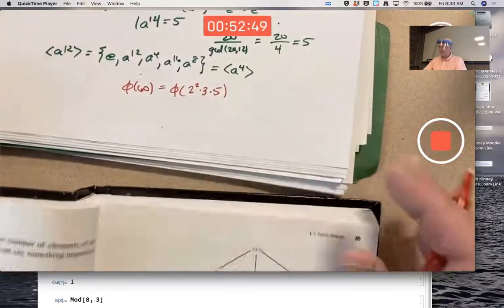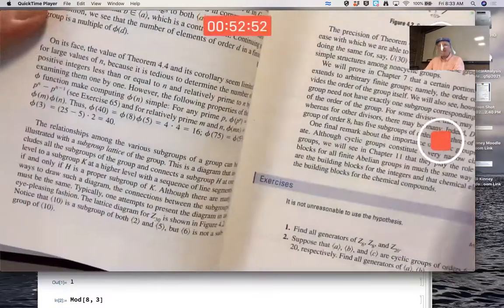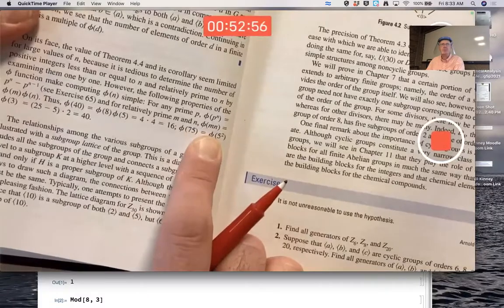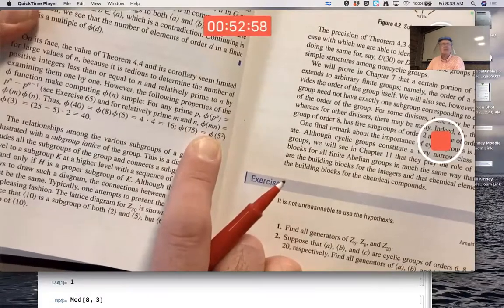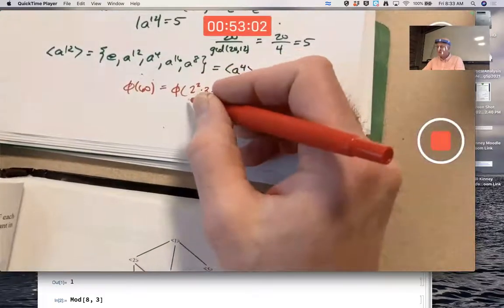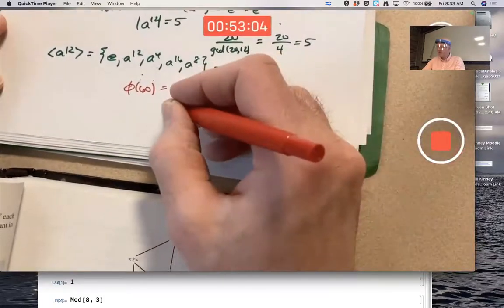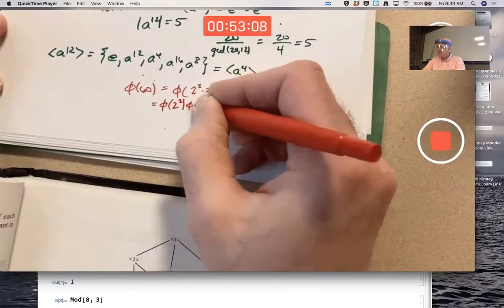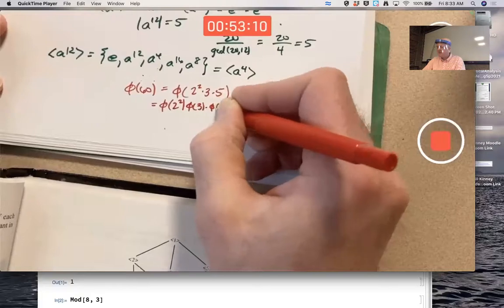This property here extends to the product of more than 2 relatively prime numbers. You can prove that by induction. 2 squared, 3, and 5 are all relatively prime. So this is the same as phi of 2 squared times phi of 3 times phi of 5.